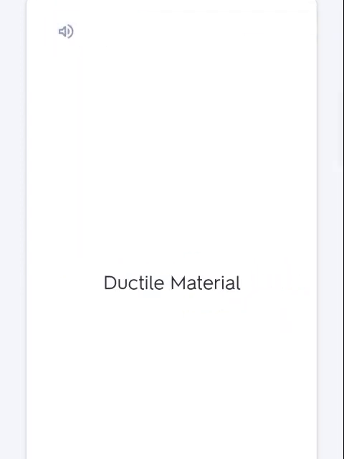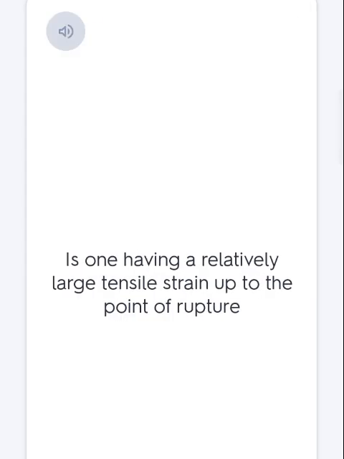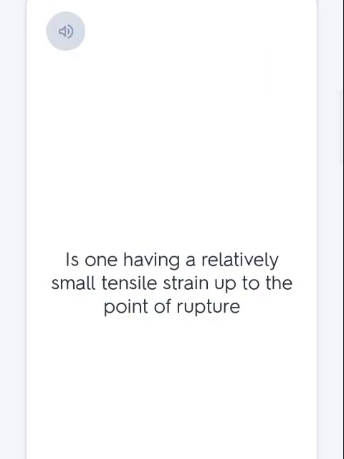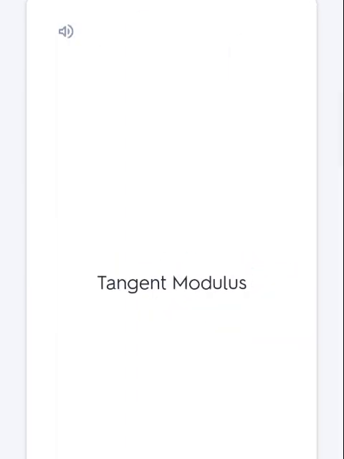Ductile material is one having a relatively large tensile strain up to the point of rupture. Brittle material is one having a relatively small tensile strain up to the point of rupture. Tangent modulus.